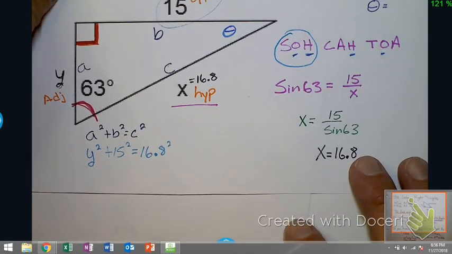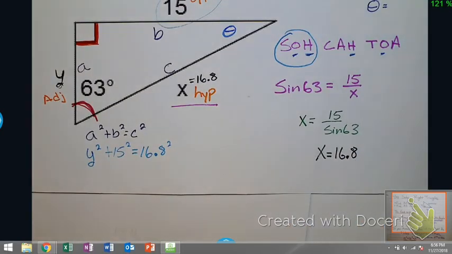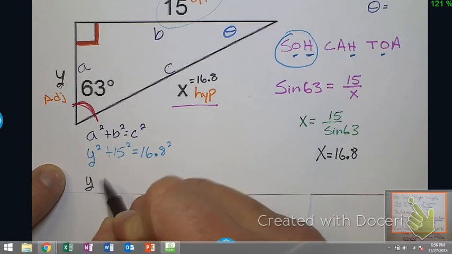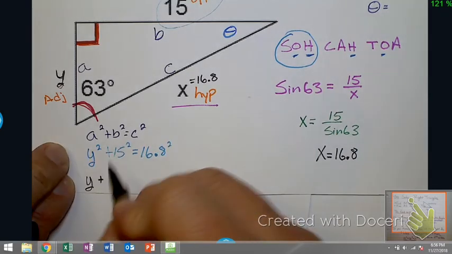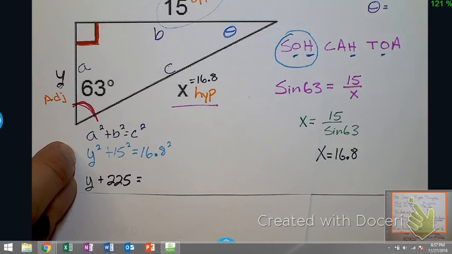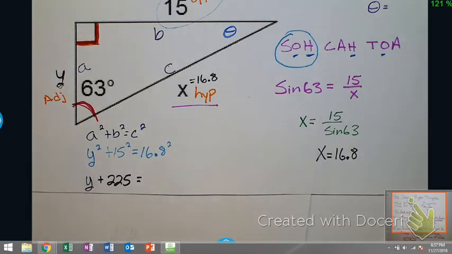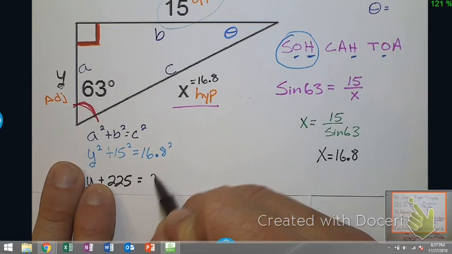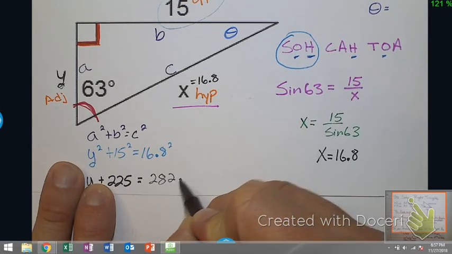Let's do some math. 15 squared is 225. Y squared plus 225 equals 16.8 squared. 16.8 squared is 282.24.